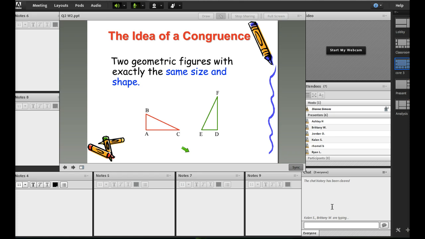Similar is same shape, different size. Let's see what Kaylin says. That's what Brittany said. If you agree, type in a smiley face. If you disagree, type in a frowny face.